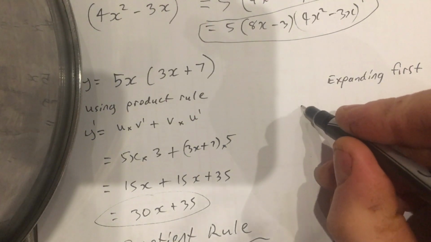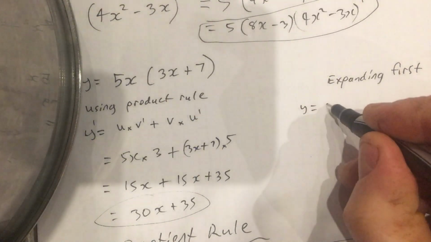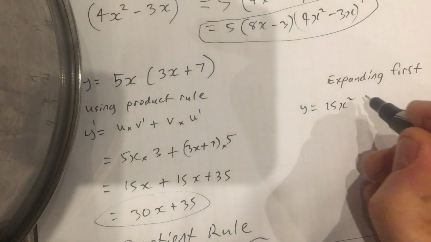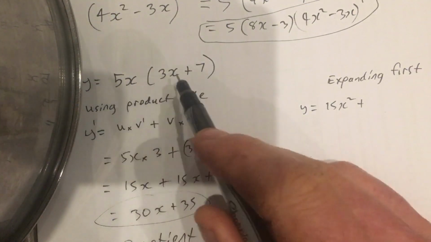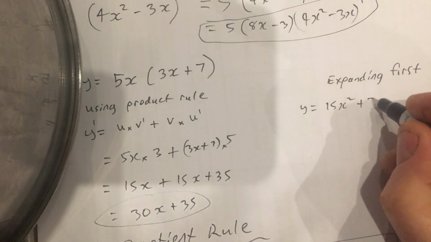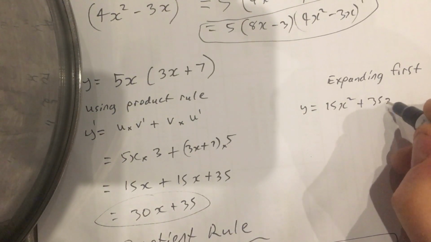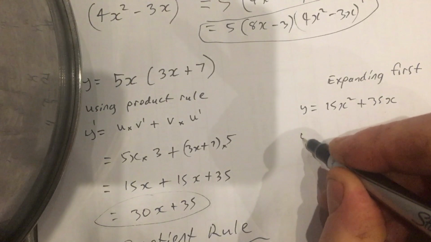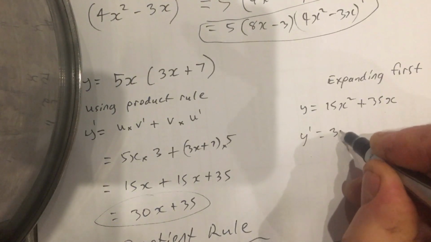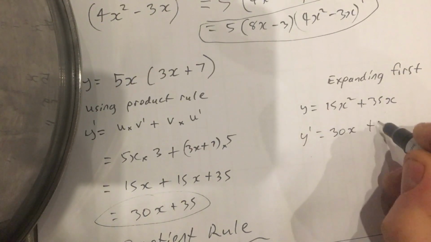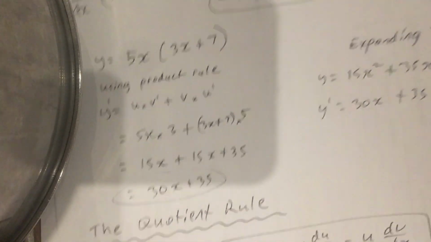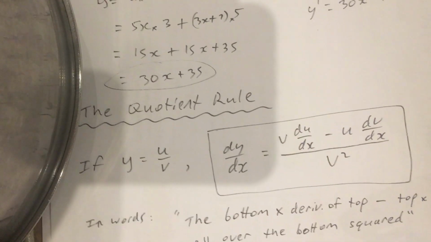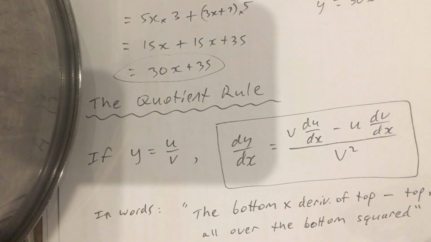So over here, if you expand the thing first, you get 15x squared plus 35x. So I'm just expanding this thing with the original question. And you get 30x plus 35, which of course is the same, so it's just confirming that that rule does work. It's not exactly a proof, but at least it shows that it works.